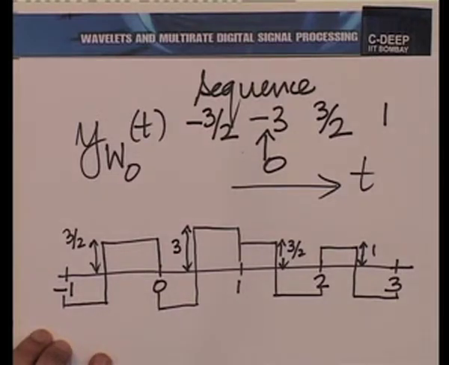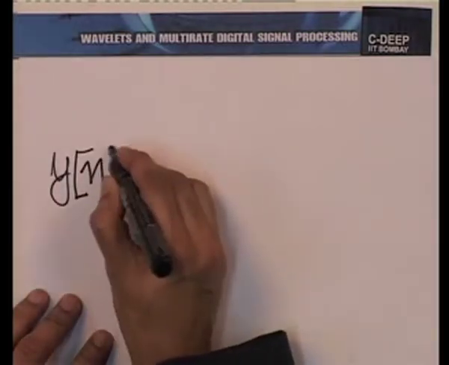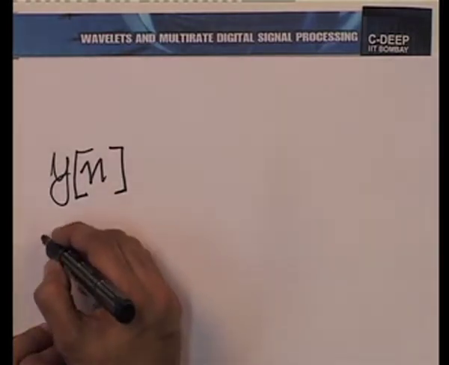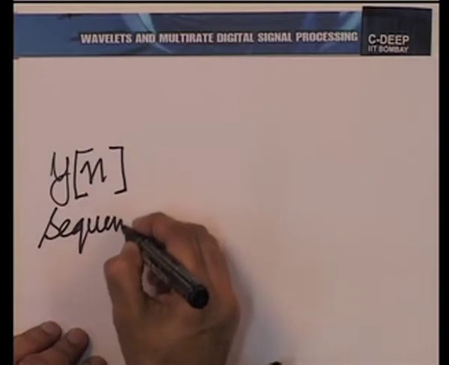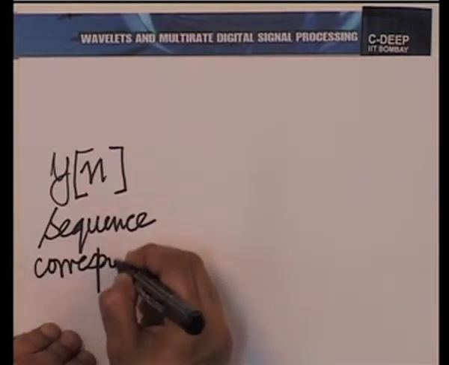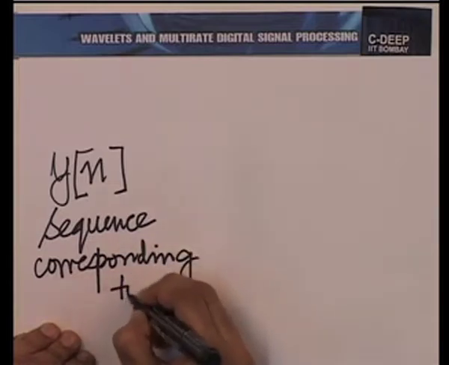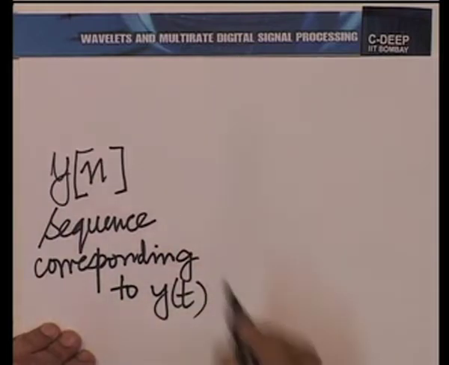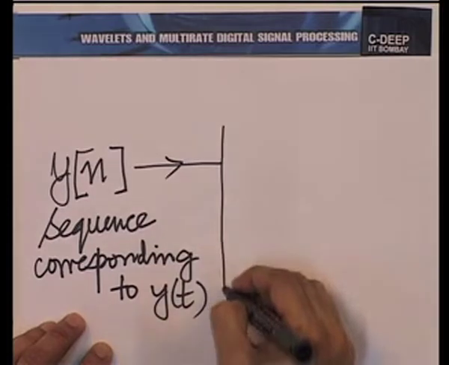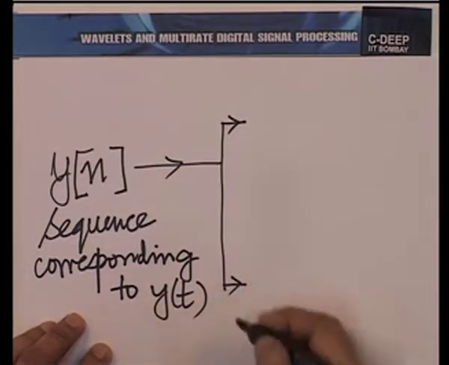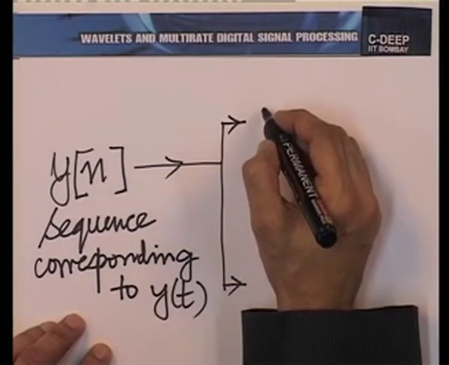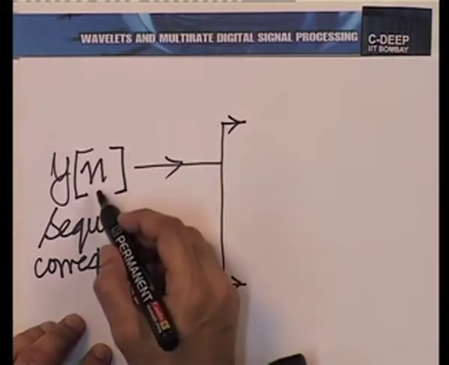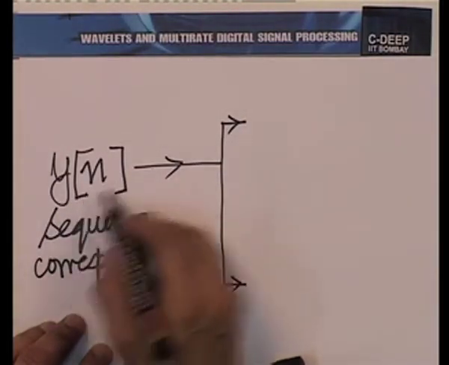Now, we have also seen the filters that correspond to this. So, yesterday we noted that if we put down the sequence yn, let us now put it down in the language of discrete time processing. So, if you have the sequence yn, sequence corresponding to yt, and if you pass it through two filters, the upper filter is described by the equation, well, you know, now, I can't use yn for the output, because I am using yn to describe this.